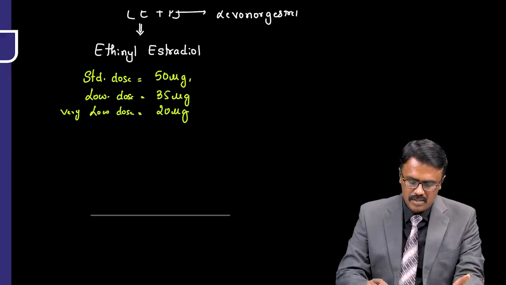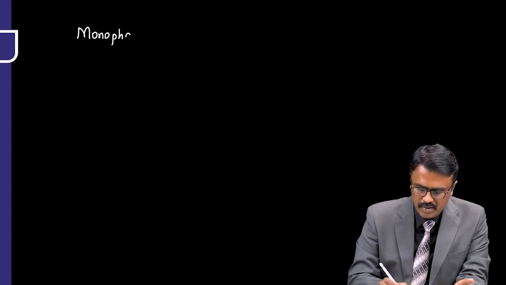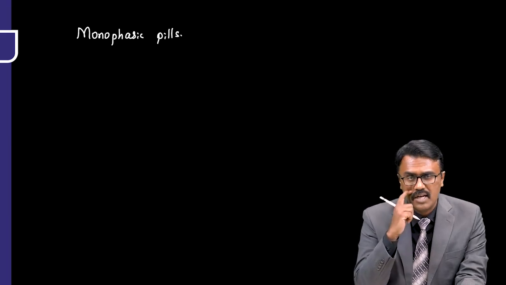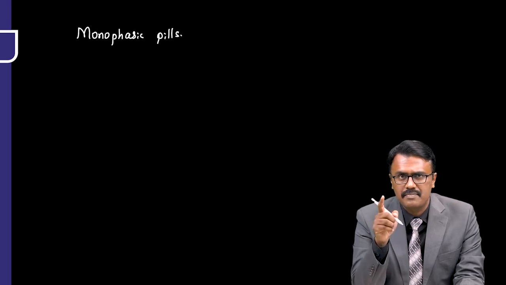Now in this combination we have something called monophasic pills. What do you mean by monophasic pills? Monophasic pills contain the same amount of estrogen and progesterone throughout the cycle.